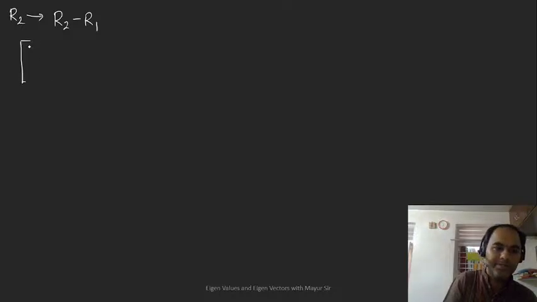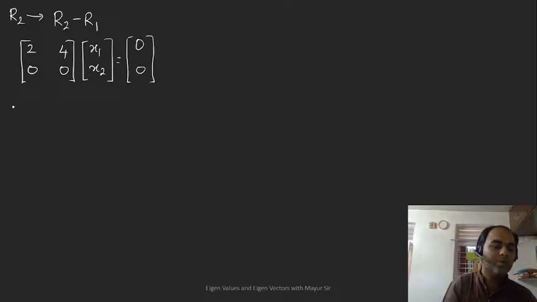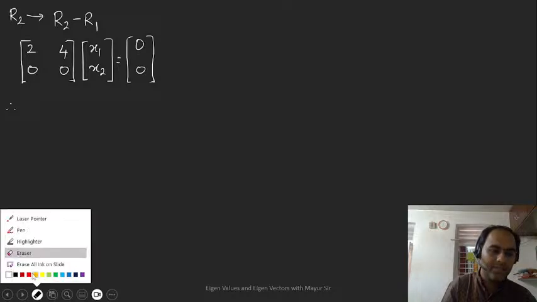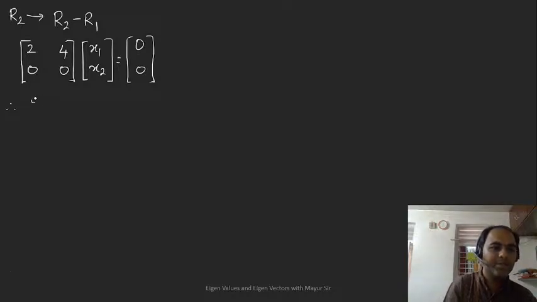So what happens here is [2 4; 0 0] times [x1; x2] equals [0; 0]. When we get the equation here, the equation is going to be 2x1 plus 4x2 equal to 0.